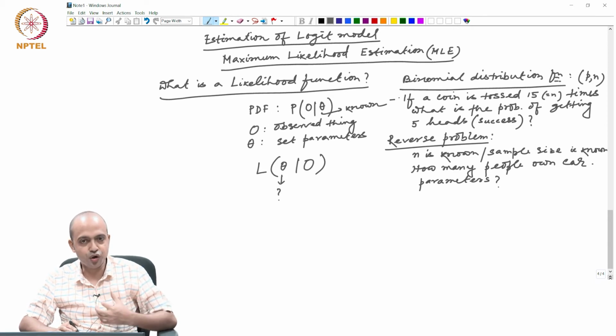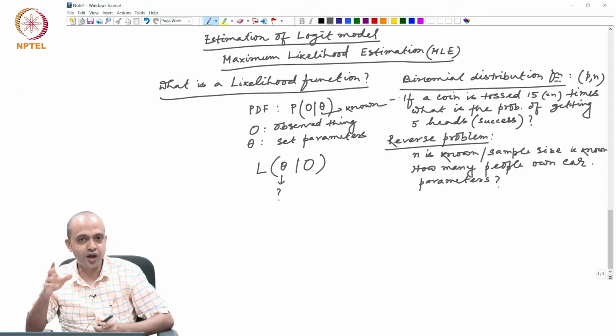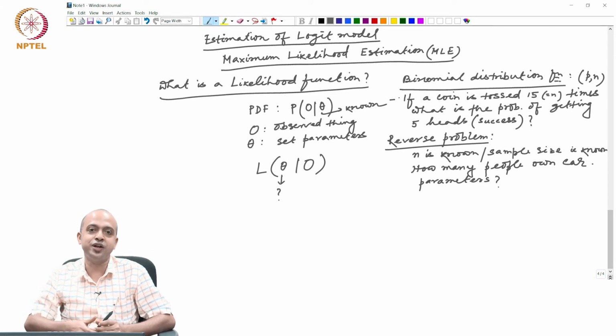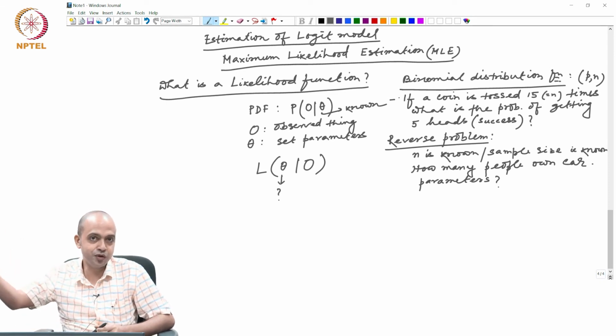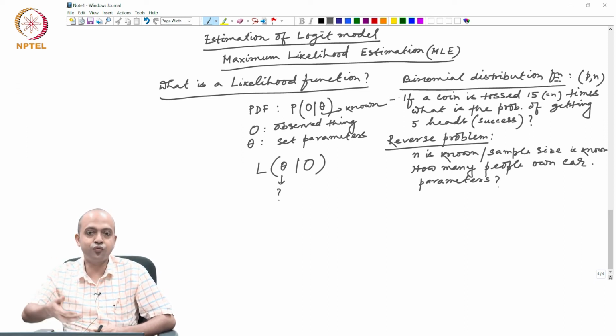That means, in short, what I want: I already observed a sample where out of 15 individuals, 5 individuals are owning a car. You give me the set of parameters that will maximize the likelihood of observing that particular sample, because from a given population I could have observed some other samples of 15 individuals, and in that sample it would have happened that out of 15, 2 individuals are having a car, or 14 individuals having a car, or 10 individuals having a car.